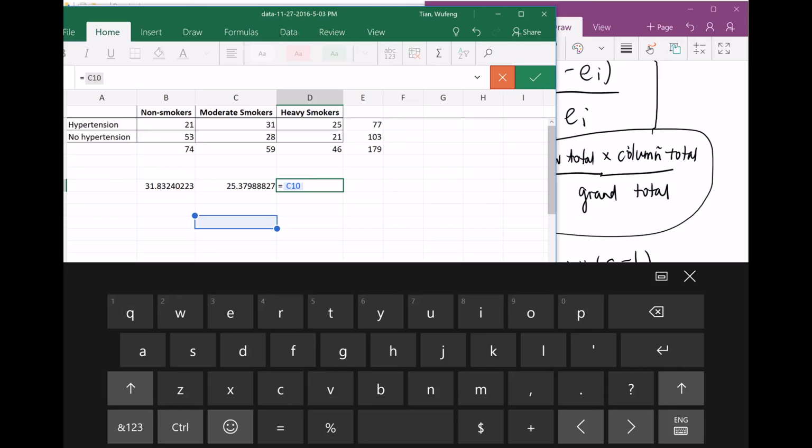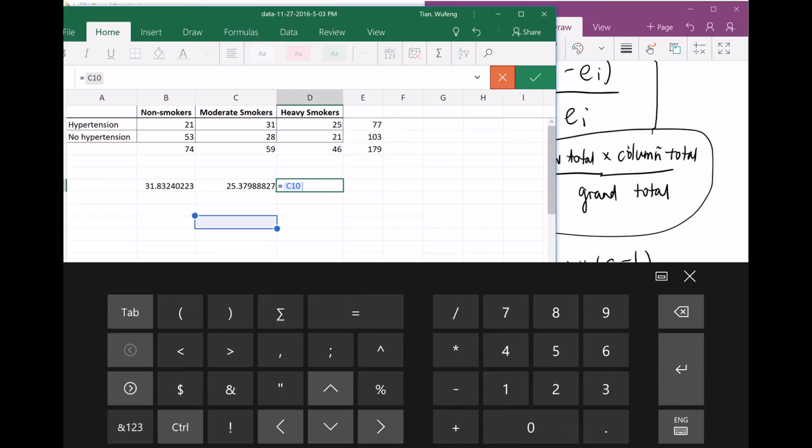Wait, I did that wrong. It equals this one times this one divided by the grand total.